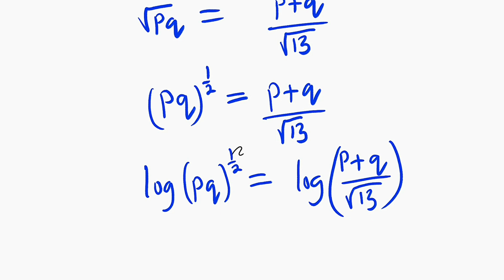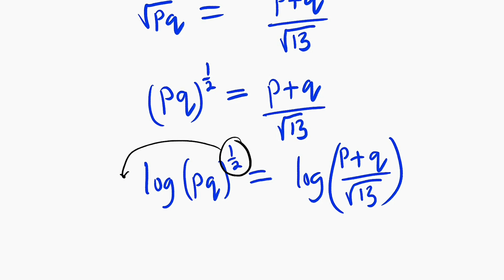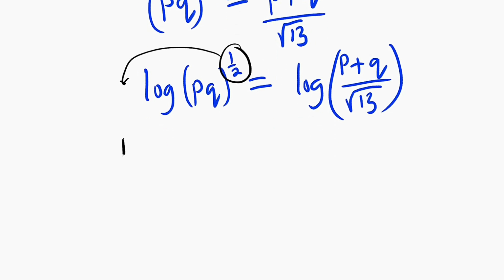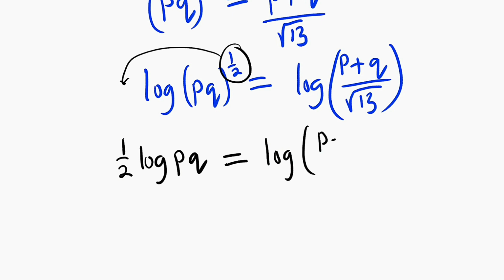And from one of the laws of logarithm, this power of 1 over 2 can drop down to multiply. So we have 1 divided by 2 log of pq. And this is equal to log of p plus q divided by root 13.